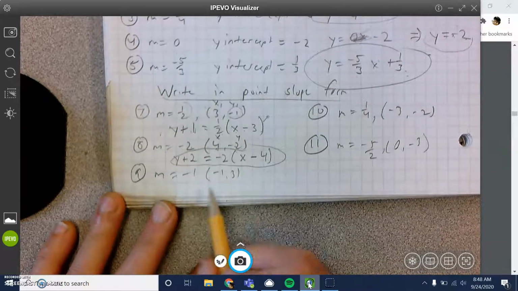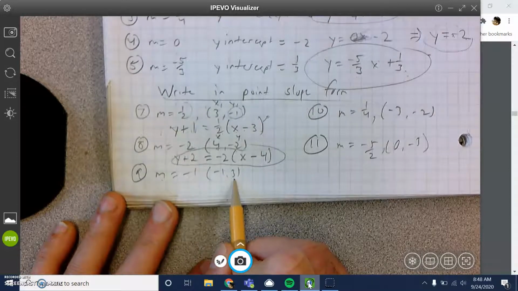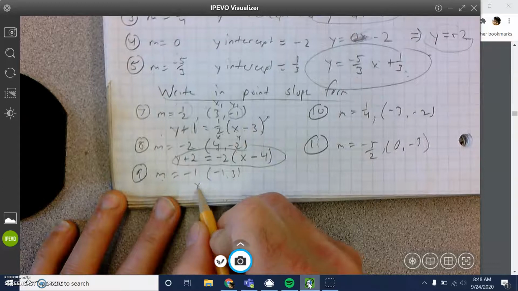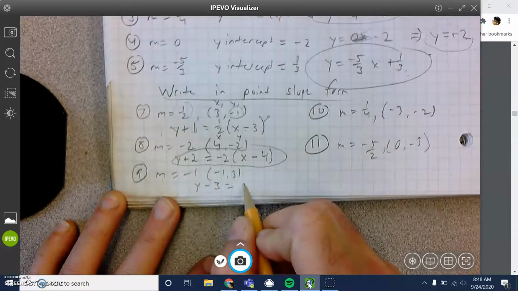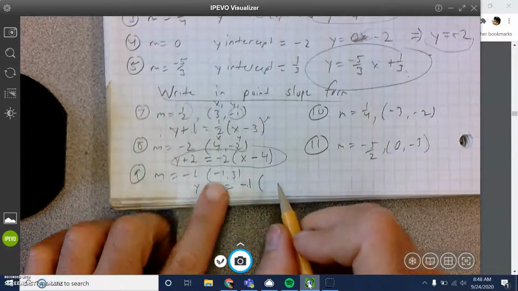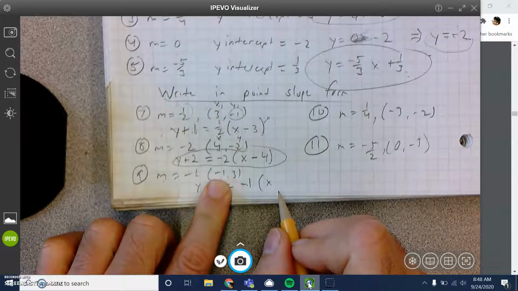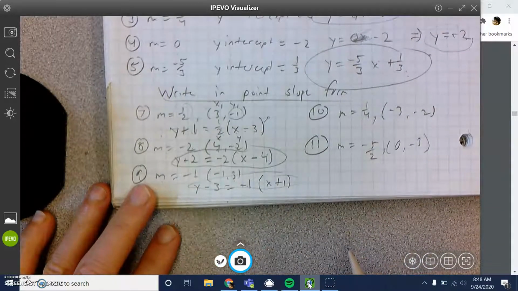Let's do another one. Number 9, the slope is -1, and the point on the line is -1, 3. Okay? y minus y1, which is 3, equals slope, which is -1, times the quantity x minus -1, which is x plus 1. Got it.